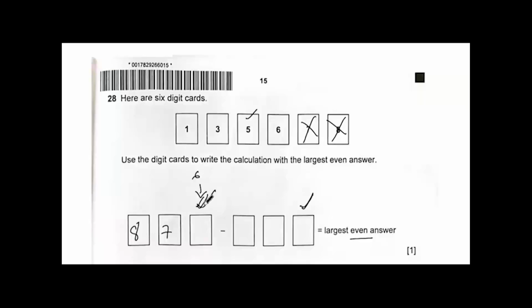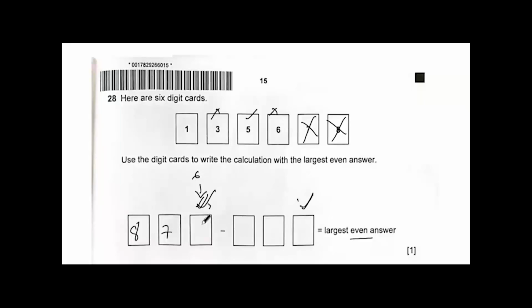So I can't put 6 there, and I can't put 3 here. If I put 3 here and 1 here, 3 minus 1 will give me 2, but 5 and 6 will form a bigger number here, so that is why I cannot pick them.